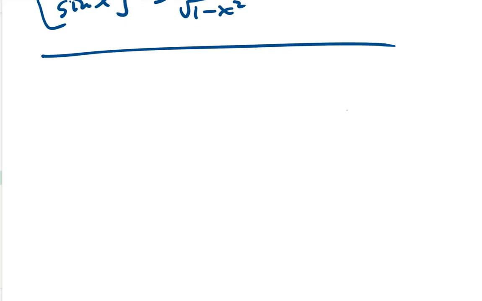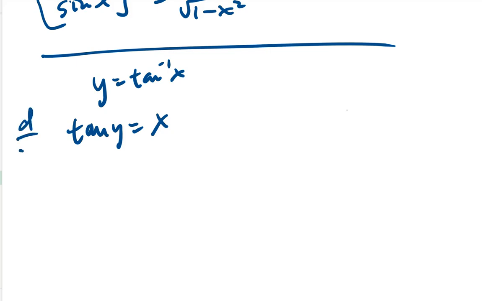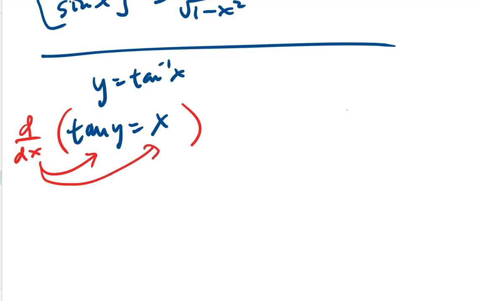Now, if you have the other case with tangent, the other one I want you to memorize, if you say that y is inverse tangent of x, take the tangent of both sides. Tangent of y is x. And so when you take the derivative of both sides with respect to x, this is what I'm doing. I'm doing d/dx on both sides. So I'm applying it here and I'm applying it here.